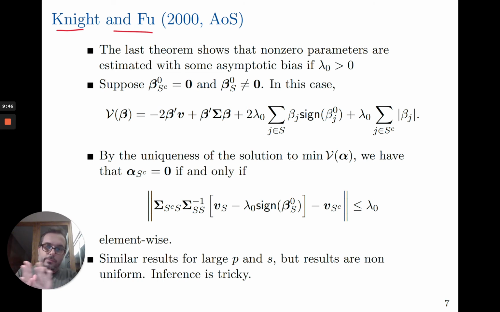So now we're going to make a big step here. I'm going to show you my paper, with Eduardo Mendes, where we proved some interesting results for the adaptive lasso in a very general setup that's more interesting for financial applications.